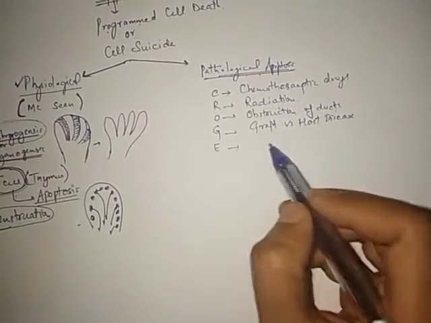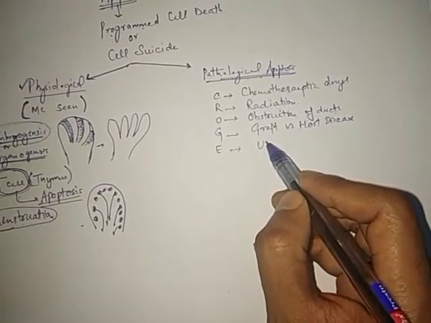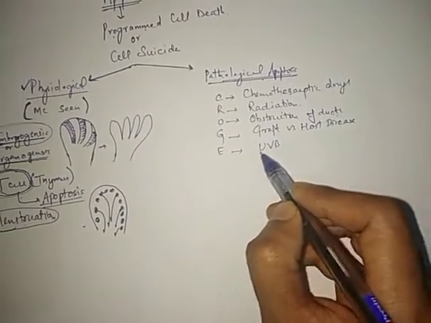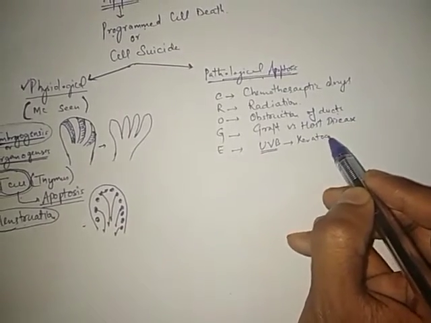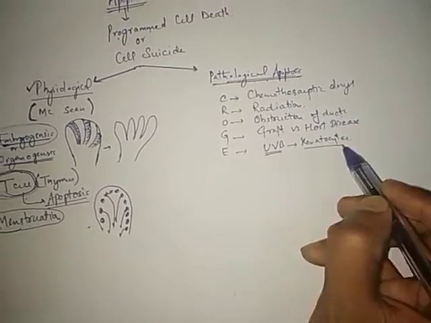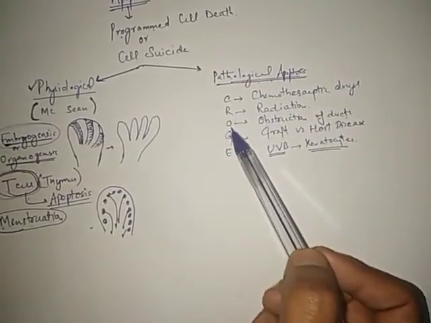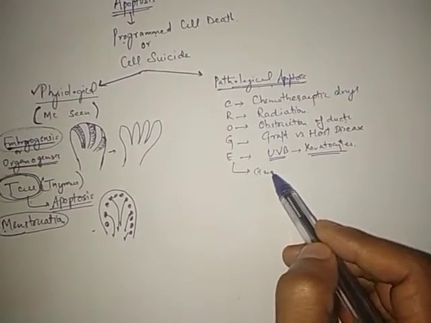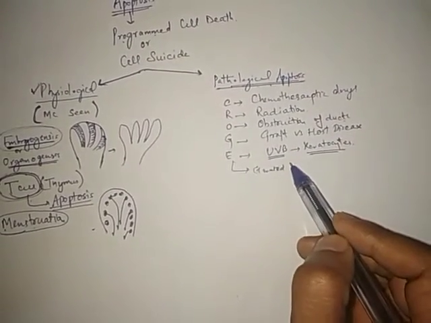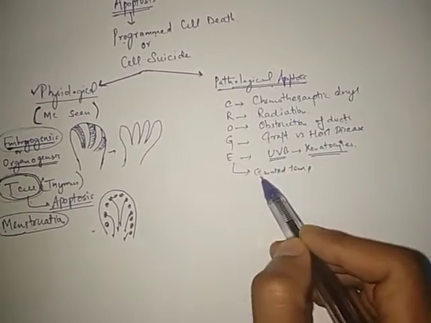Even elevated temperature, for example exposure to sunlight or ultraviolet B light, can damage the keratinocytes and cause their apoptosis. So elevated temperature of the skin or some other tissue can cause apoptosis.